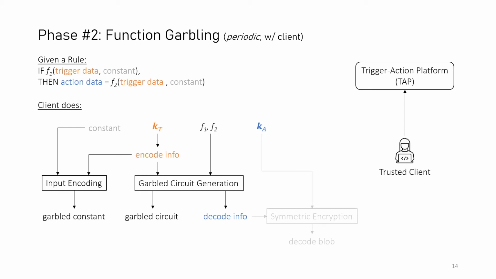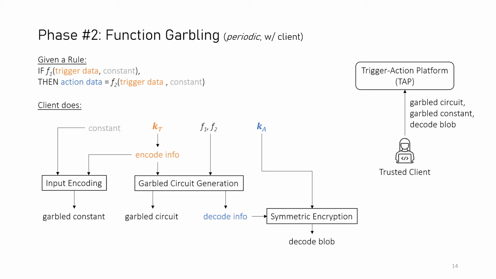Finally, the client applies a symmetric encryption scheme to protect the decoding information with the action key. The client needs to periodically stream the output of this step to the tab. This is the trade-off we need to make for using GoBot Circuit, since a fresh circuit is needed for every execution. However, as I will show in our evaluation, the cost of generating and sending a circuit is very small.